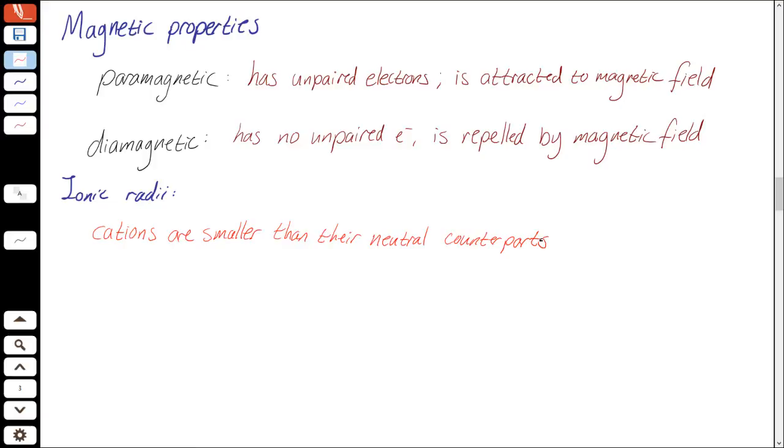Same types of configurations. They all have argon configuration. Which one's smaller? Yeah. The +3. So the bigger the charge change, the more of that contraction you have, and so the smaller it's going to get. Potassium + is 133 picometers, calcium 2+ is 99, and gallium 3+ is 62. So you see a big, big change there.